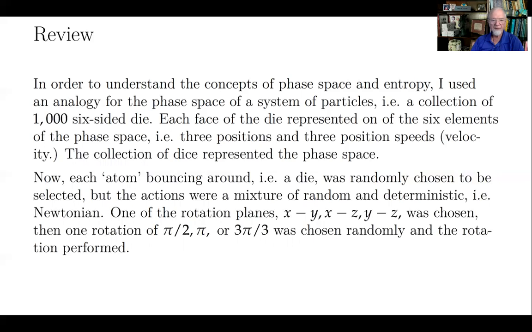They are the x position, the y position, and the z position, and the 3 momenta: the mass times the x velocity, mass times the y velocity, and, I'm sorry, it would actually be the y speed, y is the direction, and mass times the z speed.